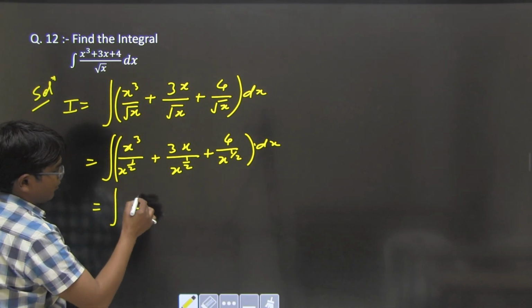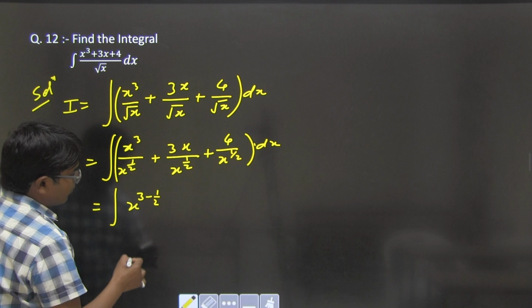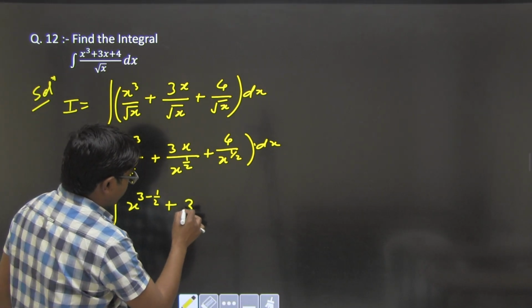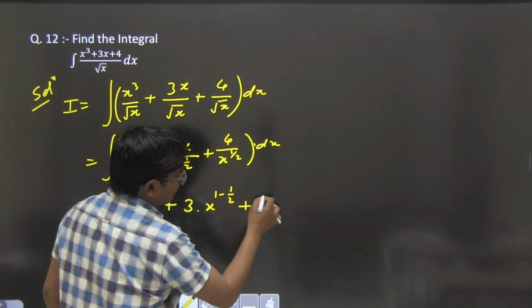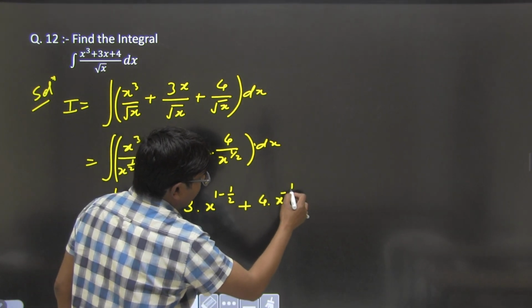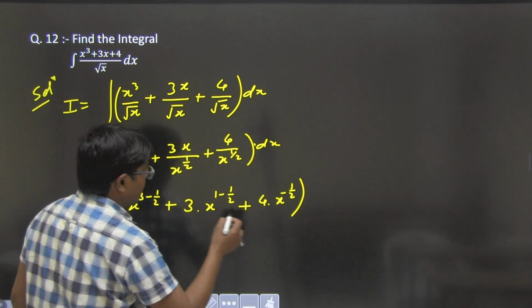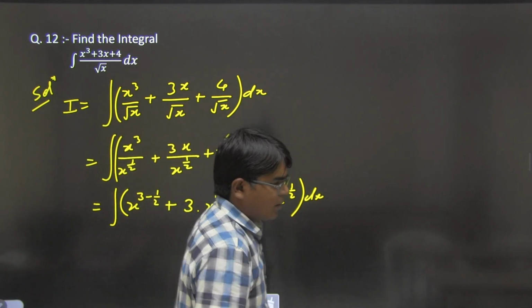We get x to the power 3 minus 1 by 2 plus 3 times x to the power 1 minus 1 by 2 plus 4 into x to the power minus 1 by 2 dx.